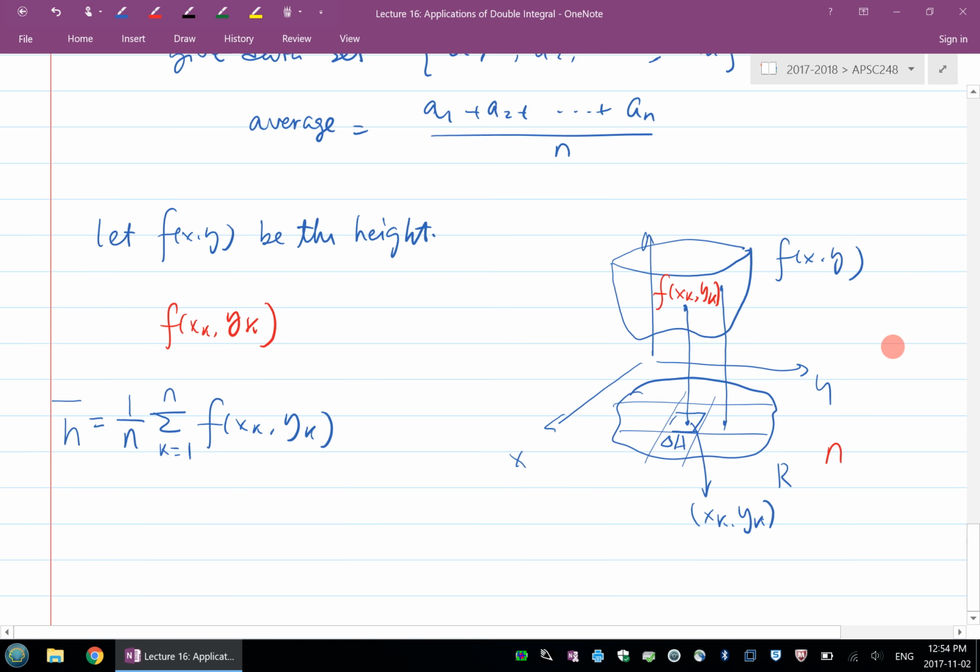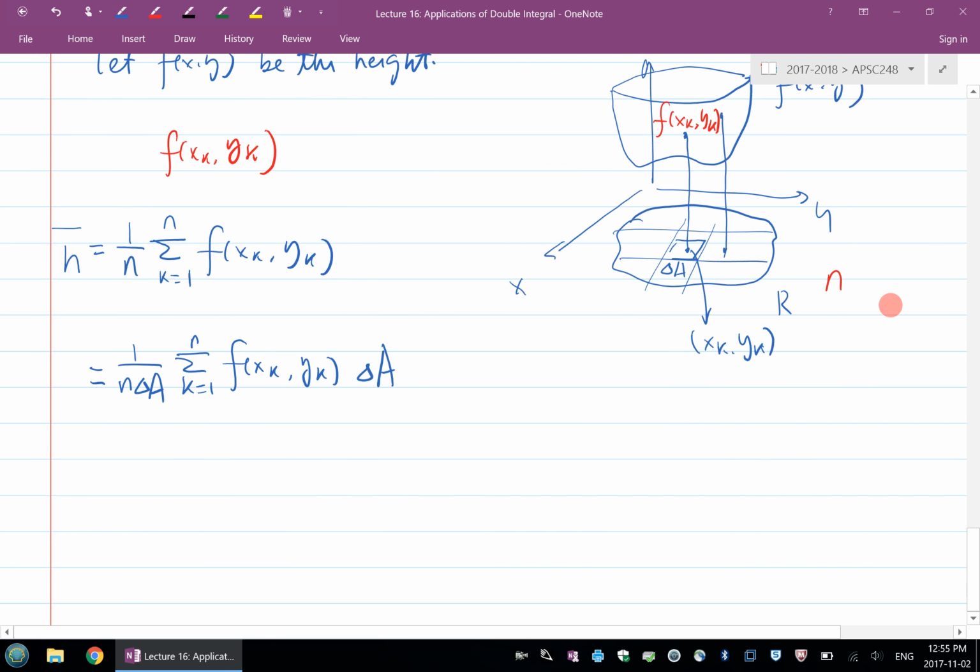Now I'm going to manipulate this expression just to arrive at the final formula. I will multiply delta A at the bottom, then I have to multiply delta A on the numerator just to cancel it out. So nothing changed, right?